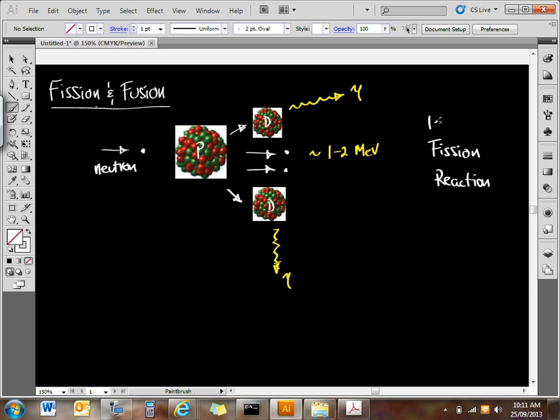Induced by that neutron being fired. It can happen spontaneously. This reaction can happen spontaneously.